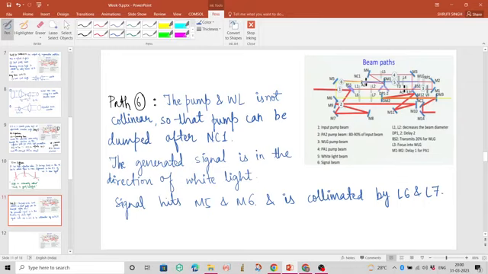So here let me write that after L6 and L7, the signal is passed through DM2, a short pass filter.